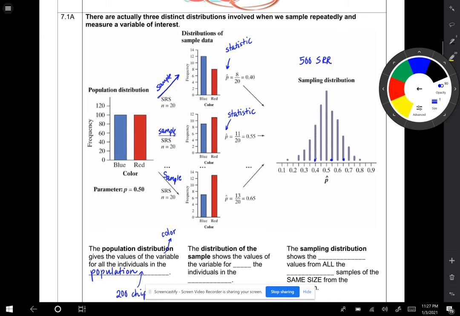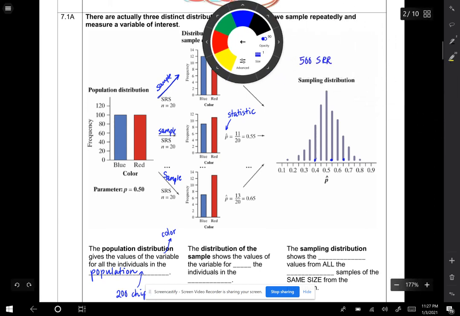If you look at it, it's pretty symmetrical. So some of the things that we can talk about is that it's symmetric. It's unimodal because there's one peak, and the peak is at 0.50. It's somewhat bell-shaped. The center is at 0.5.